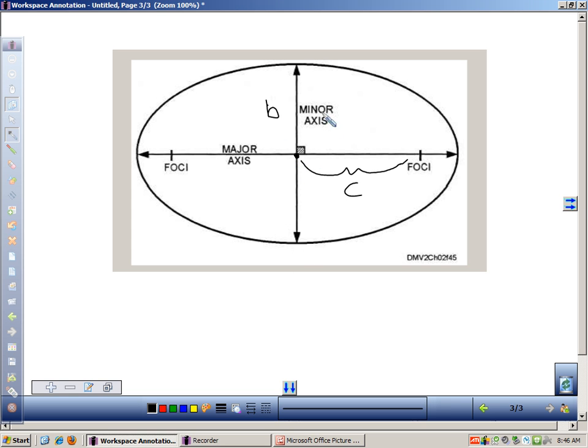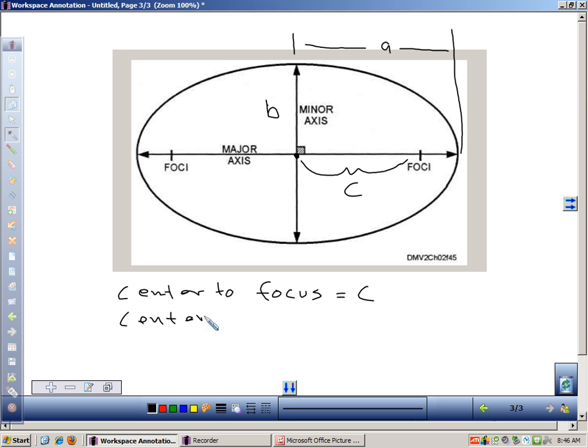And the length of the major axis from here to here is A. So the center to the focus equals C. The center to the vertex equals A. And the center to the co-vertex is B.